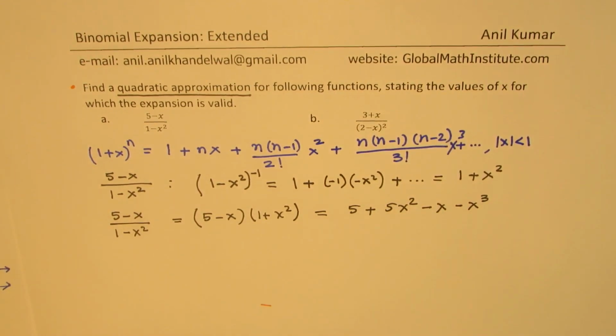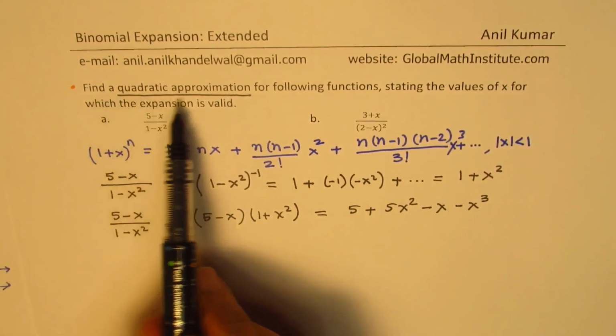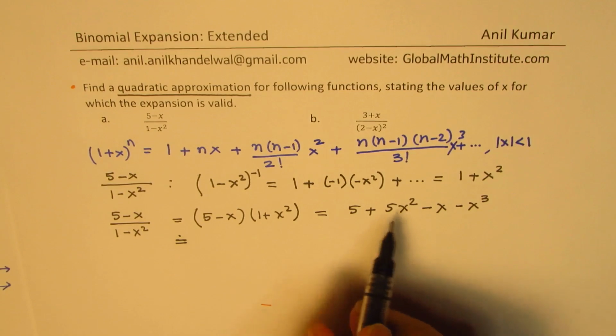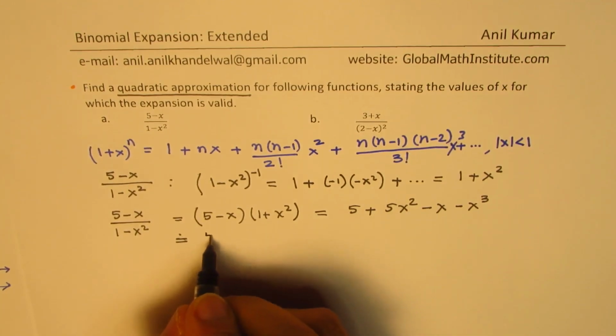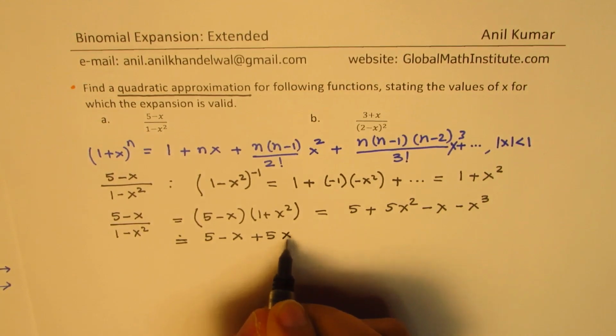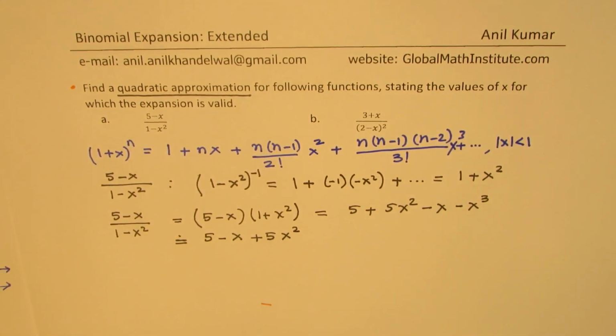Correct? We get this form when we expand this. Since we need to only find the quadratic approximation, we can write this expression as 5 minus x plus 5x squared. So that becomes the quadratic expression, right?